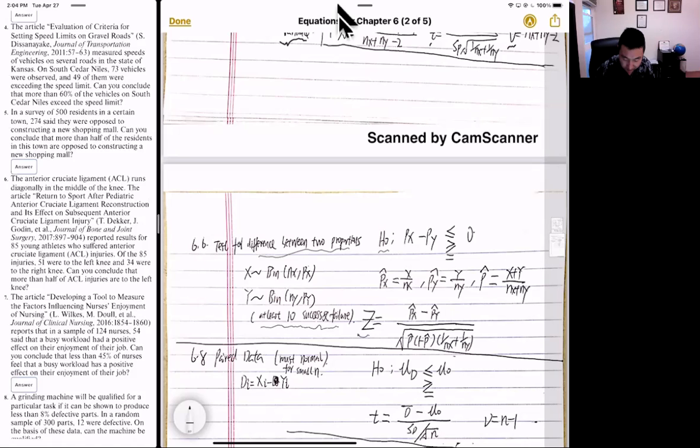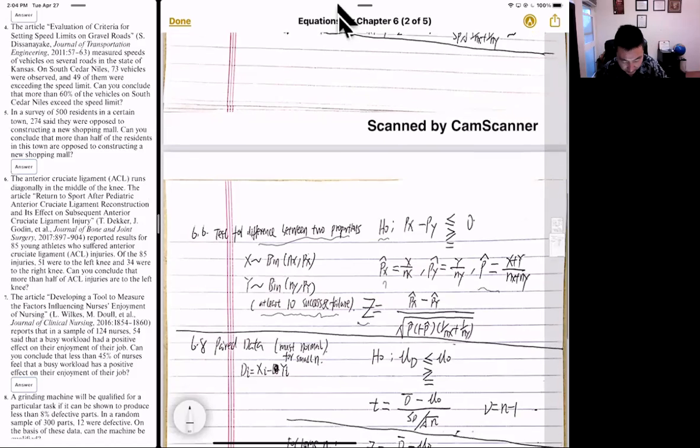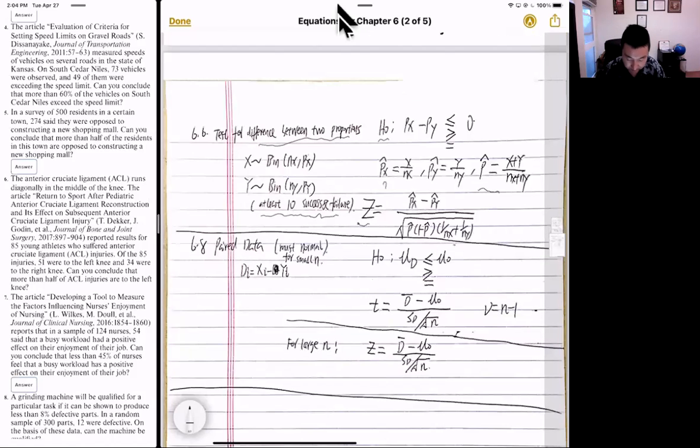Finally, paired data. For paired data, the condition is it must be normal for a small sample. Then we calculate the t value when the sample size is small. For a large sample, we calculate the z value.